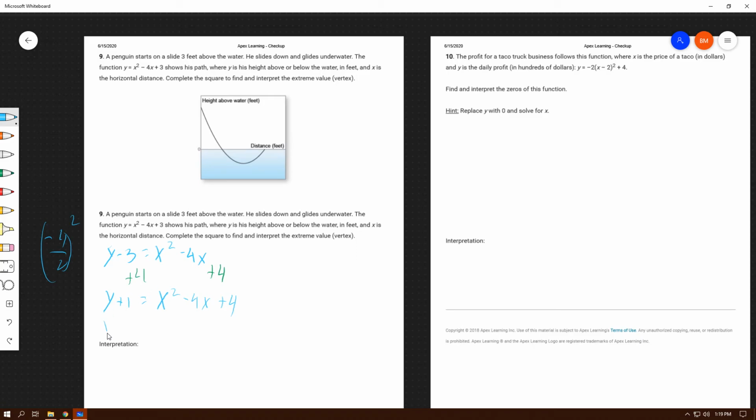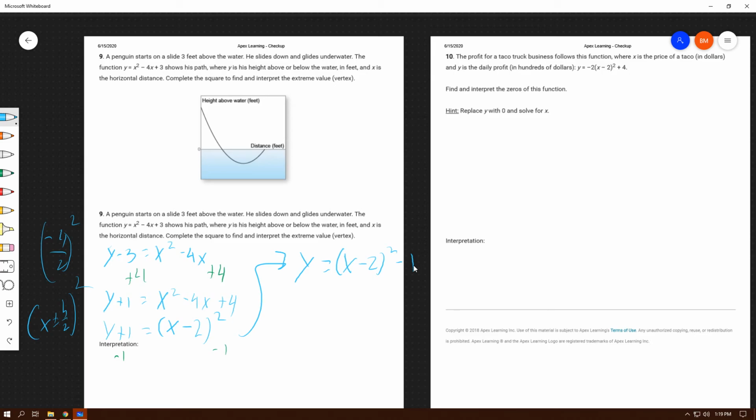I am then going to simplify this using my x plus or minus b divided by 2 squared. So this is going to be x minus 2 squared. I am then going to subtract 1 from both sides. And I get y equals x minus 2 squared minus 1.